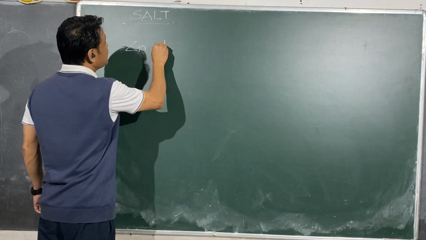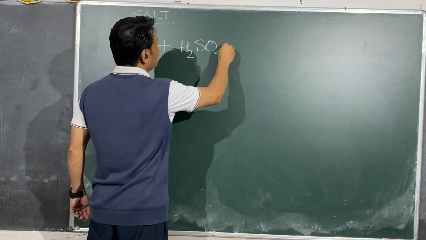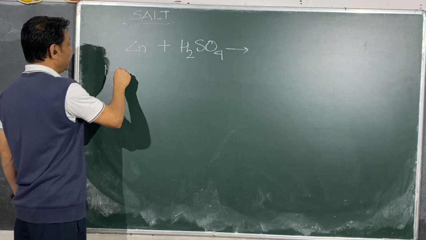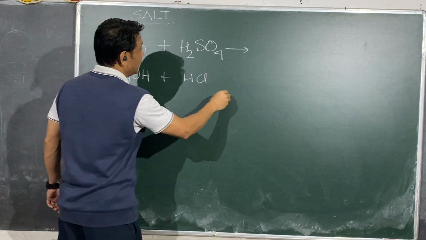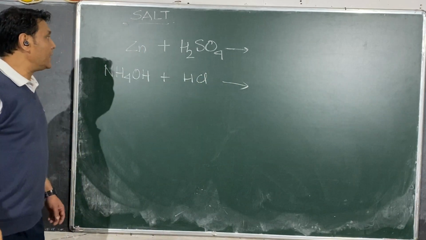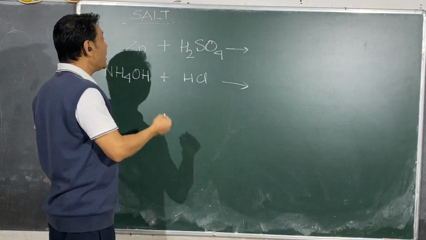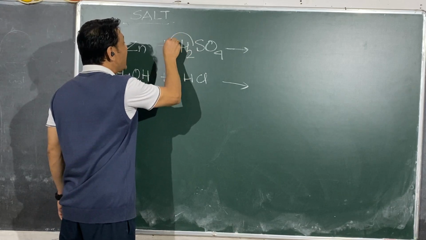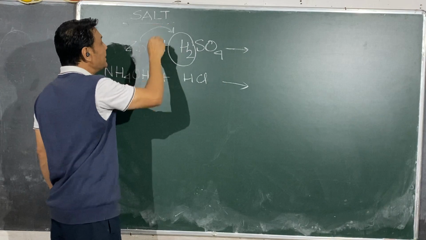Zinc plus sulfuric acid gives H2. Now, metal is reacted with an acid. So what is a salt? A salt is a compound formed when the hydrogen ion of an acid is replaced by the metal.